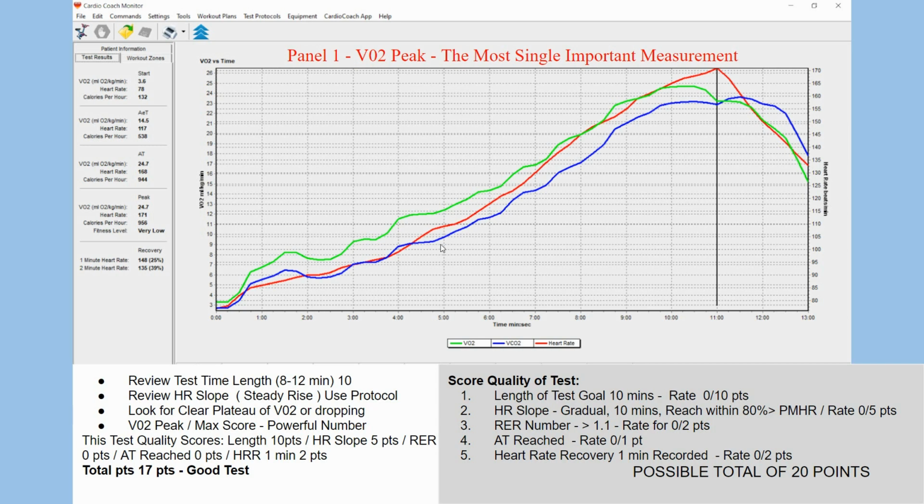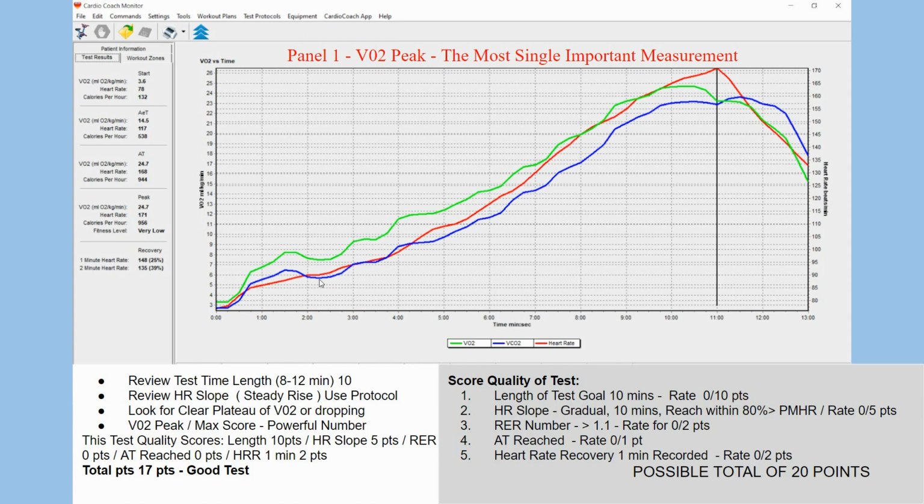The second measurement or parameter we want to judge a test on has to do with the slope of the heart rate in the red. And so that slope is really important, and it needs to be a continual linear line up to the end of the test.